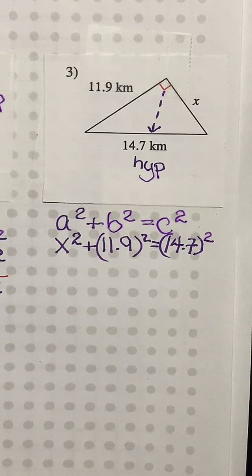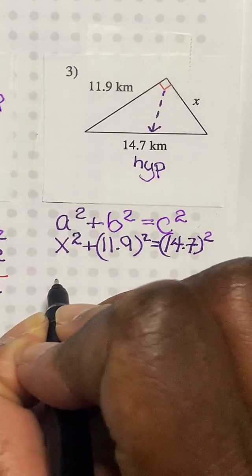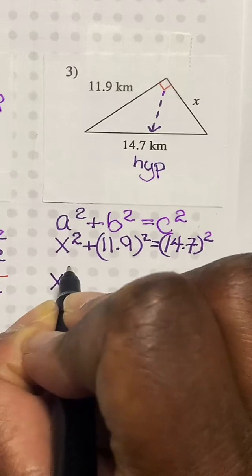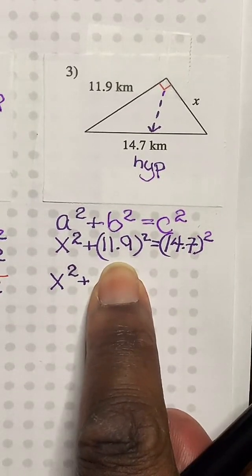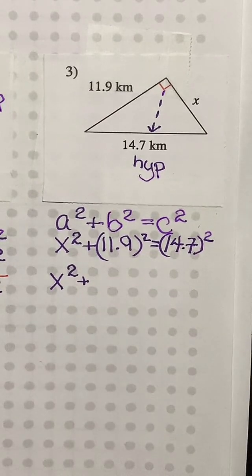So the first one we solved for one of the legs and the other one we solved for the hypotenuse. Yes, Pythagorean Theorem. So now we have our x squared. But now what's 11.9 squared?